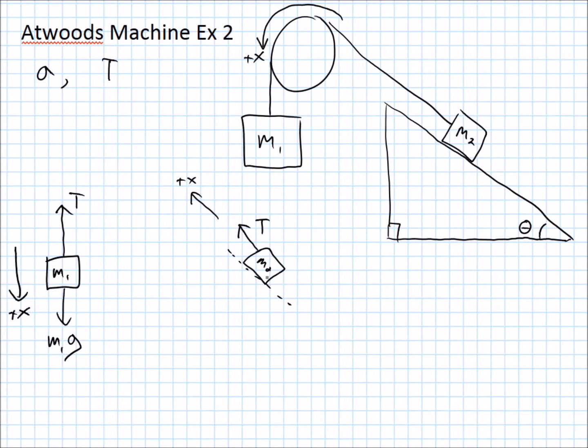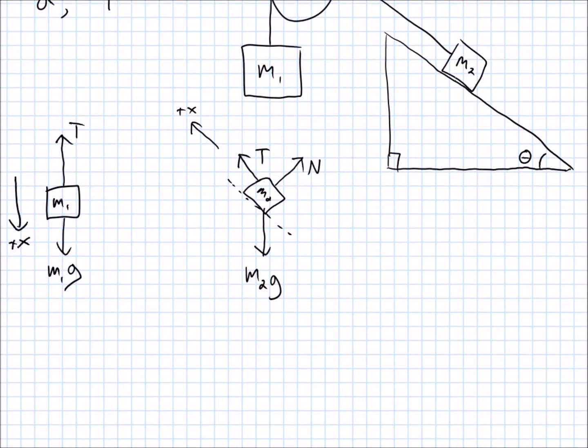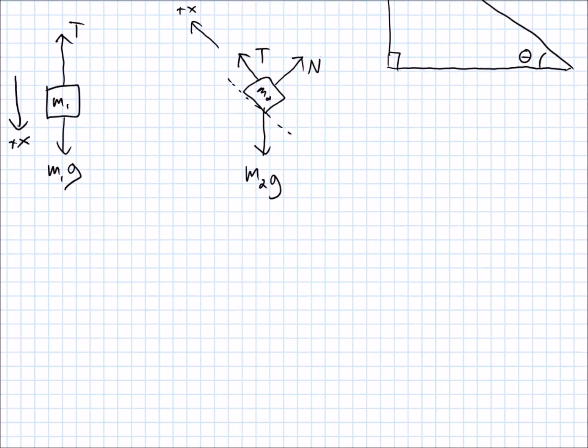It also has gravity pointing straight down, and normal force from the surface of the ramp pointing straight up. So I can see our analysis of M2 is going to be a little bit more complicated. In fact, I'd better finish my coordinate axis. I'll call this the positive y direction for M2's free body diagram.